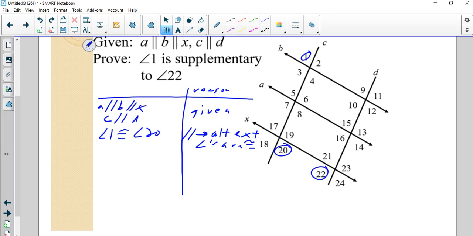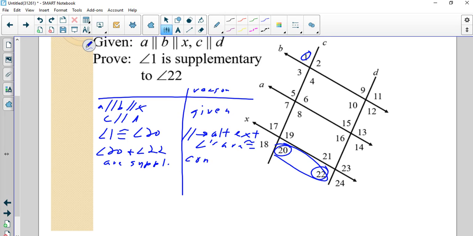Okay, so now something we learned back on, I think it was day 5, we talked about the idea that these two consecutive interior angles are supplementary. So now we can say that angle 20 and angle 22 are supplementary. Or you can say one angle is supplementary to the other one. It doesn't really matter.